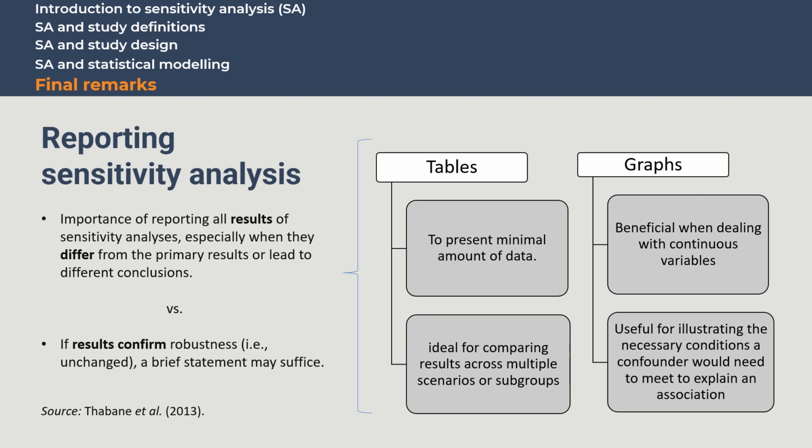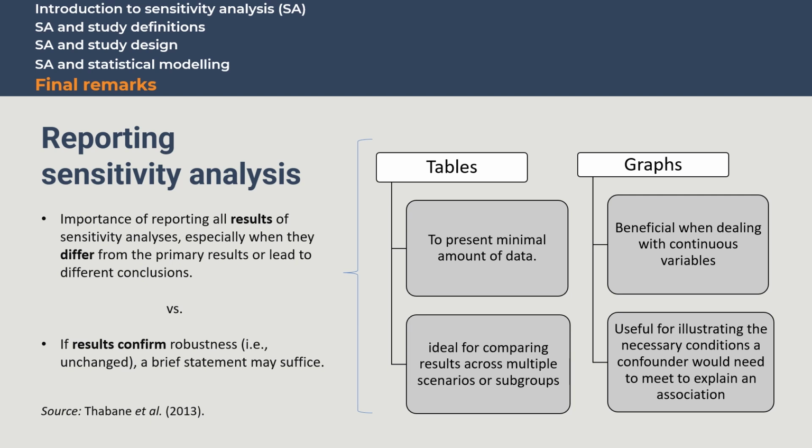It is essential to document these discrepancies as they can lead to a deeper understanding and potentially guide future research directions. However, if the sensitivity analysis confirms that our results are robust, that is, they remain unchanged across different scenarios, a brief statement may suffice. This serves to reassure readers of the reliability of our findings without overloading them with redundant information.